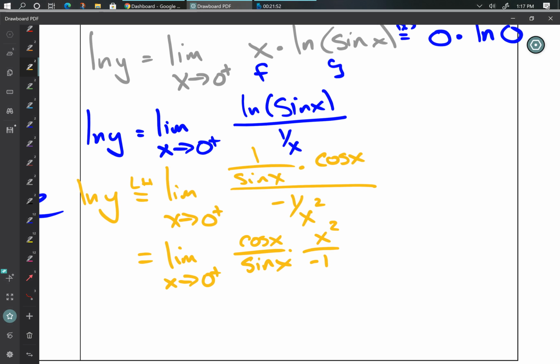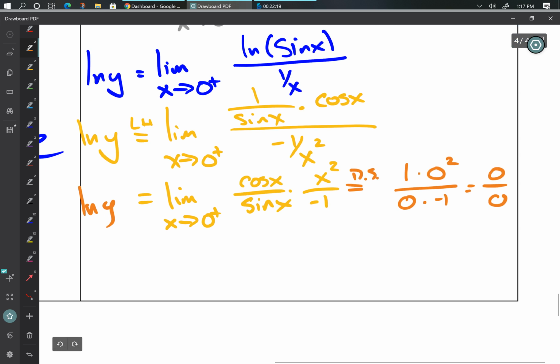If I attempt to do direct substitution, I get cosine of 0. Cosine of 0 is 1 times 0 squared over 0 times negative 1. So I get 0 divided by 0. Now what do I do if I have 0 divided by 0?